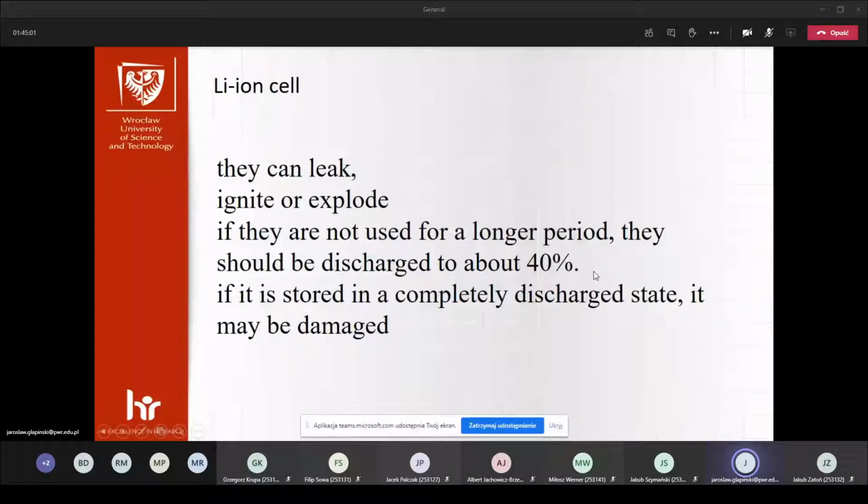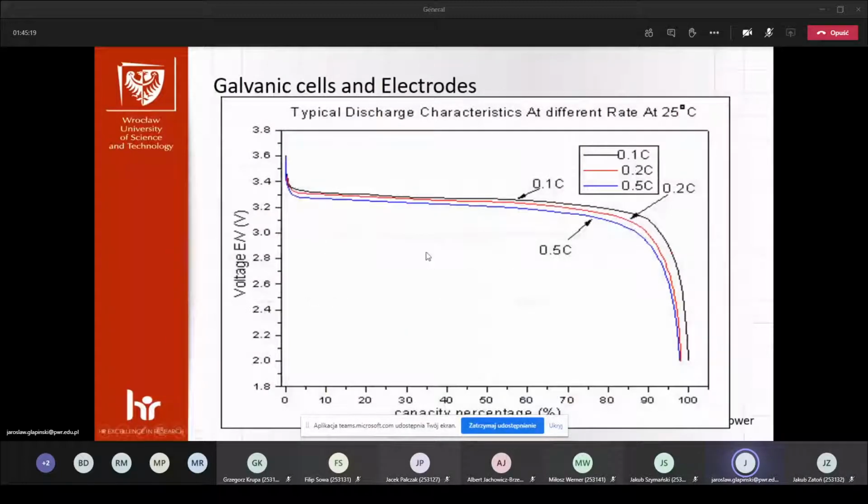And if we store them highly charged, we can lose the charging properties. So we generally store them at half charge for a longer time. They can be charged and discharged.